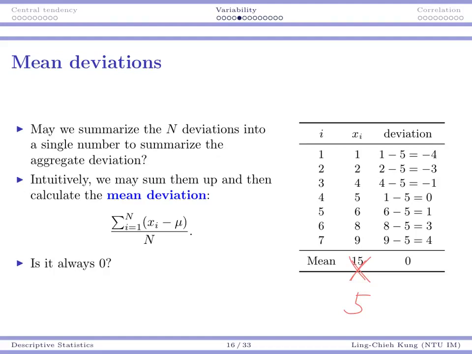Eventually, the negative parts will cancel those positive parts, and you will always get 0. So that just means mean deviation is not a good idea for measuring variability, because for all kinds of data sets, you will always get 0. So this measurement would be useless.